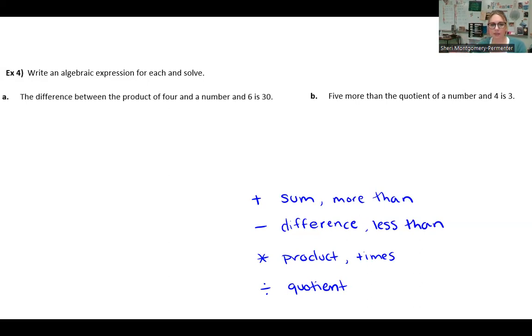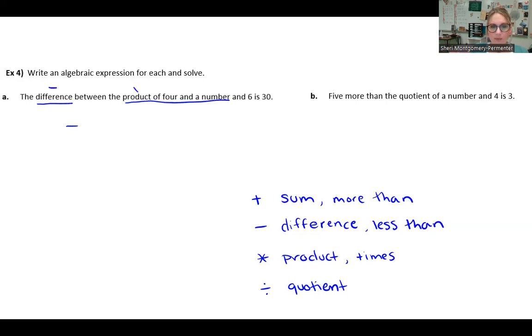A says the difference between. So when I see the word difference, that means that I'm going to subtract. I'm going to have something and I'm going to be subtracting the difference between the product of 4 and a number.